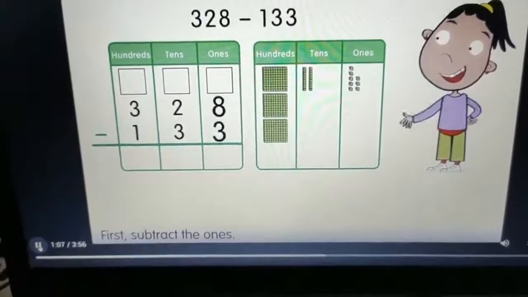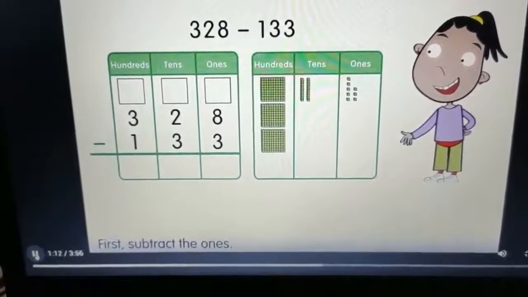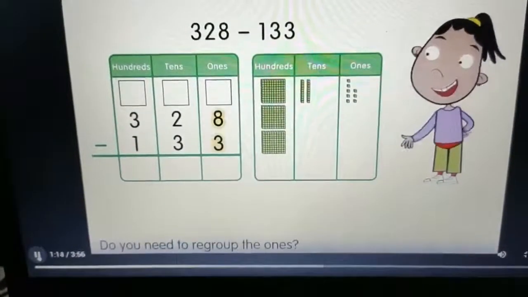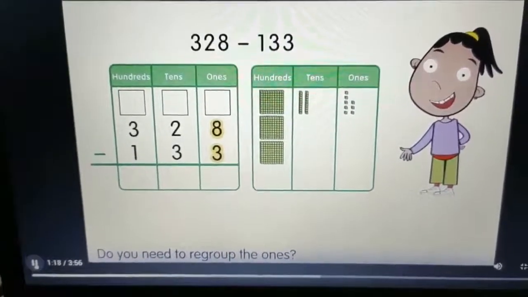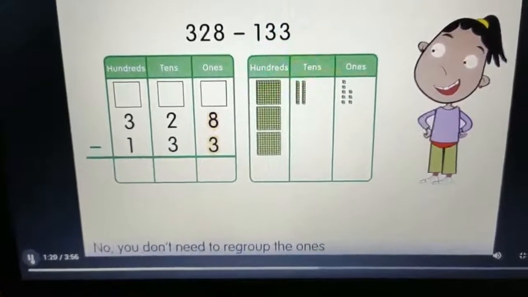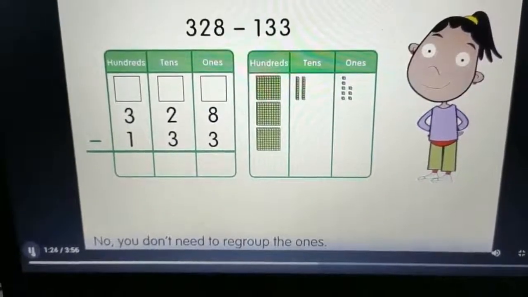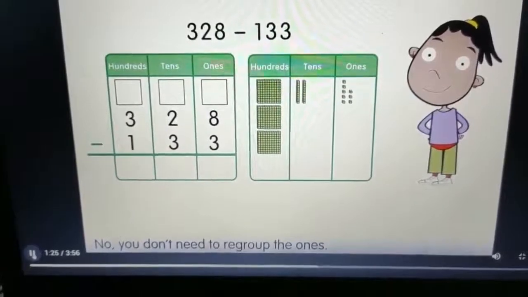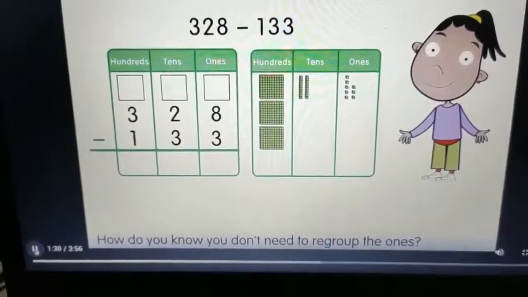First, subtract the ones. Do you need to regroup the ones? No, you don't need to regroup the ones. How do you know you don't need to regroup the ones?